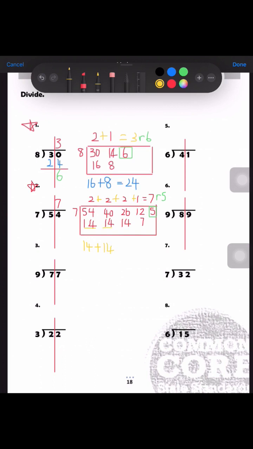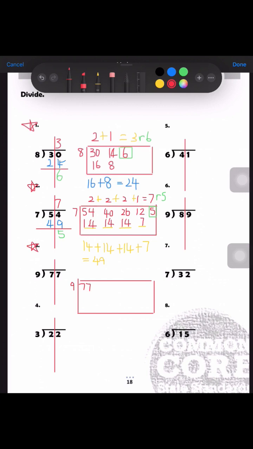So 7 times 7 will be 14 plus 14 plus 14 plus 7, which is, yes, 49. So we put 49 underneath 54. And 54 minus 49 equals 5. So the answer is 7 and the remainder is 5.